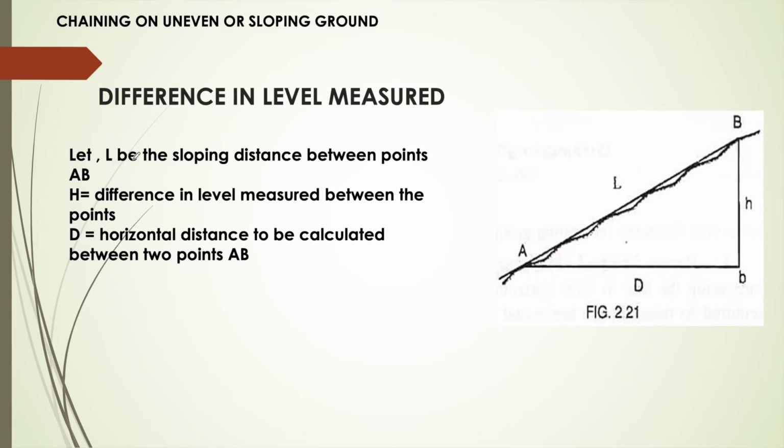Let L be the sloping distance between the 2 points, h the level difference measured between the 2 points with a leveling instrument, and d the horizontal distance to be calculated. So d is nothing but the square root of L squared minus h squared.